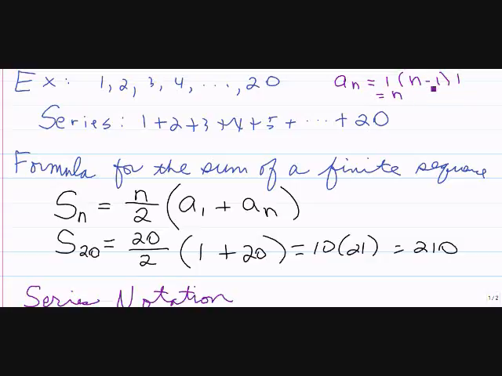Oh, that's supposed to be a plus sign there. Now I'll make it right. 1 plus n minus 1. Oh, well, the formula for that arithmetic sequence is just n.